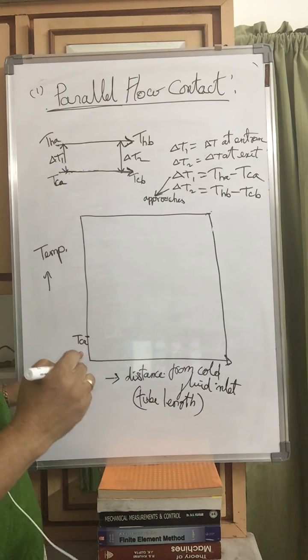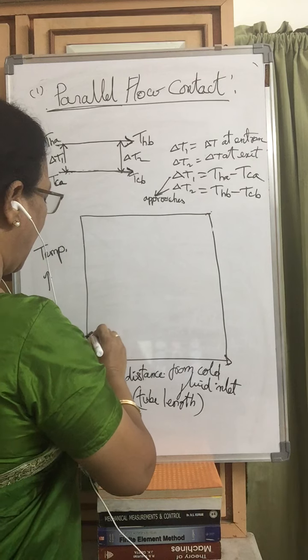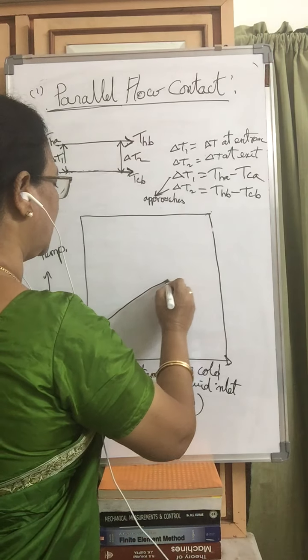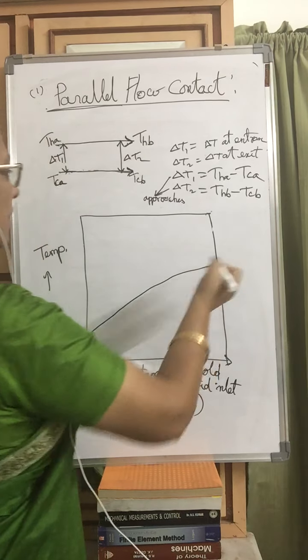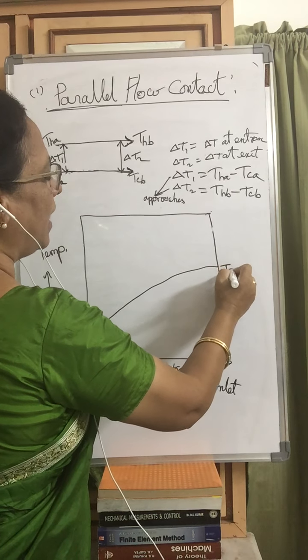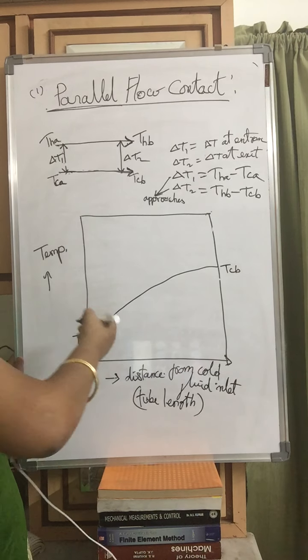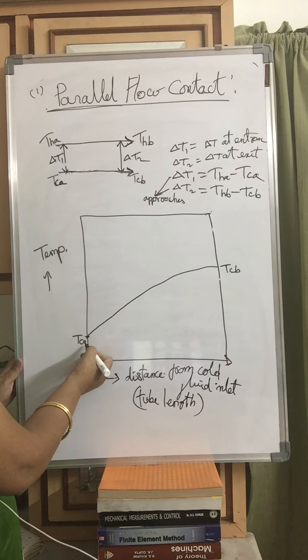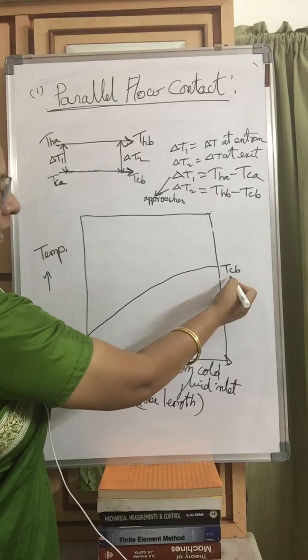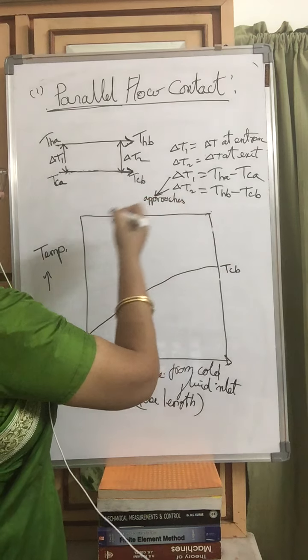What is TCA? Entering temperature of cold fluid. Then as length is increasing, slowly cold fluid temperature will rise, and this comes to TCB. So initially cold fluid temperature is TCA, and finally at the exit of the exchanger cold fluid temperature is TCB.